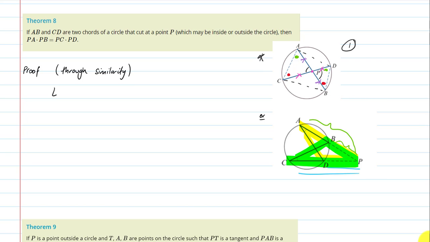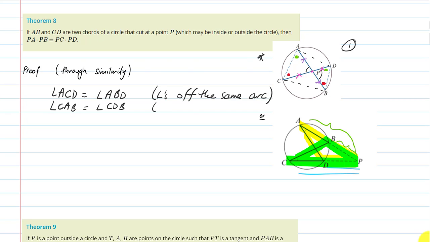Angle ACD equals angle ABD. This is angles off the same arc. And angle CAB equals angle CDB, also angles off the same arc. It's a little bit lazy of me, but there it is.